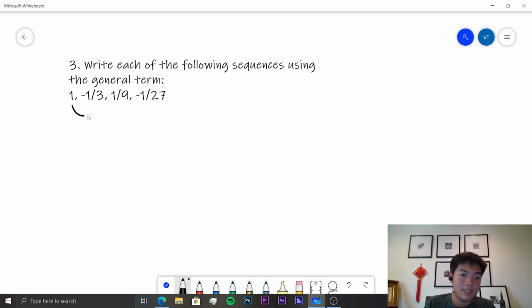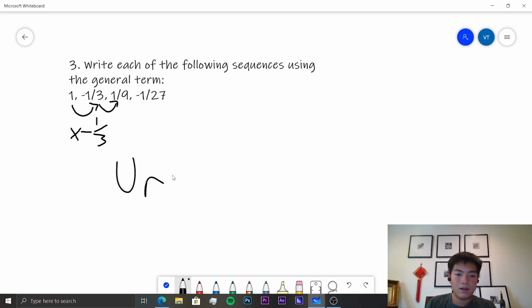So I hope you can see the pattern here. And the pattern is that each next term is the previous term multiplied by negative 1/3. See, so 1 times negative 1/3 is negative 1/3, negative 1/3 times negative 1/3 is 1/9, and 1/9 times negative 1/3 is negative 1 over 27.